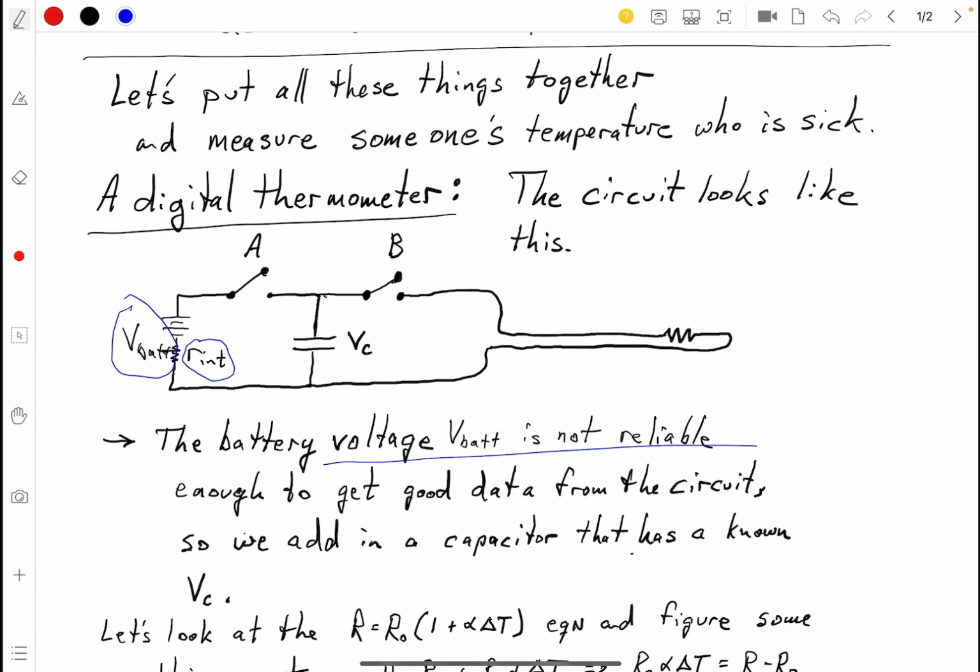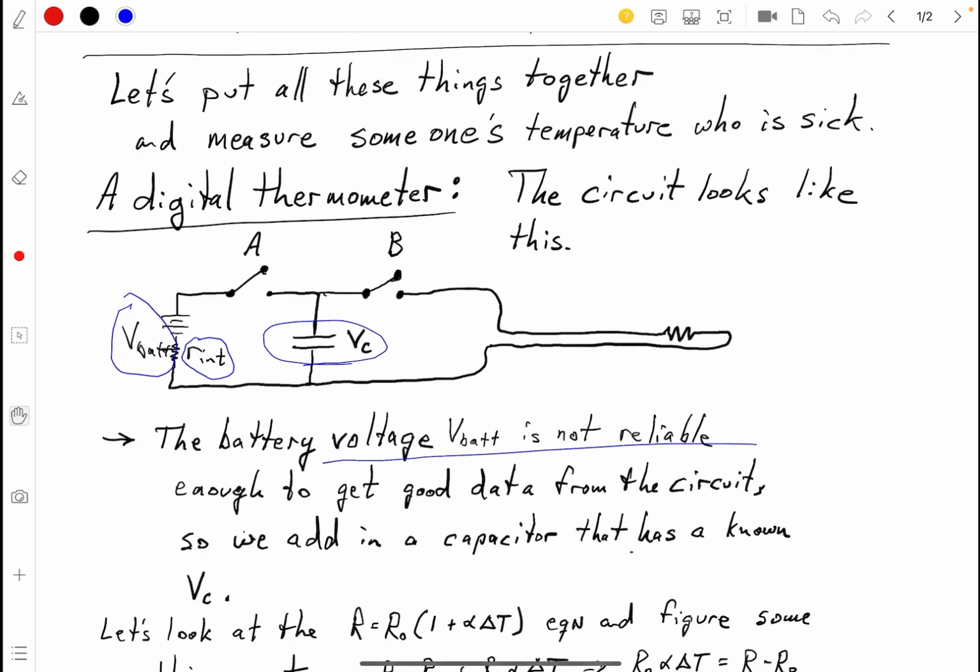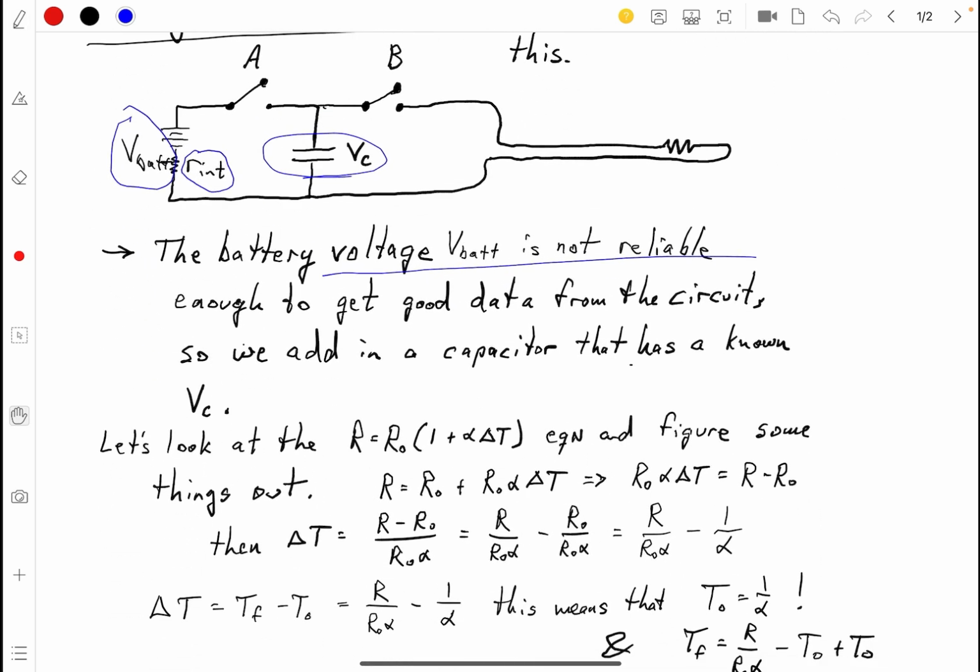So we set up a circuit that uses a capacitor as our supply of voltage, and that works pretty well. We're going to use this capacitor with a known voltage from the capacitance.